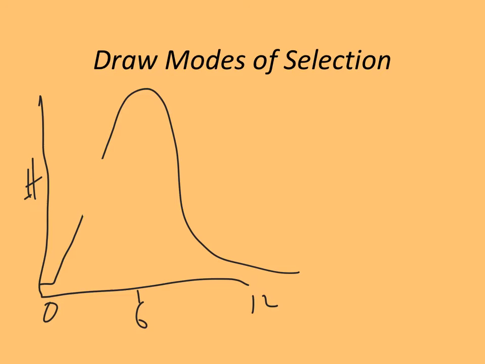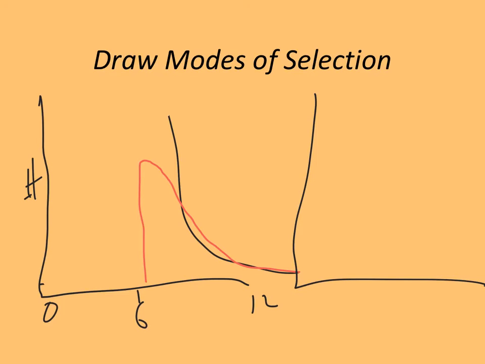In other words, these individuals with short hair are going to not make it or not produce as many offspring. And so we've got only these individuals here left over. And then we do the same thing.